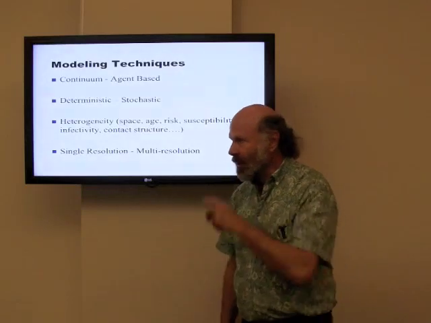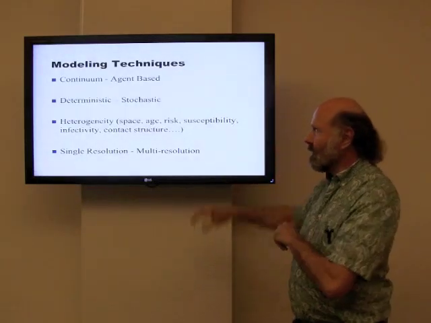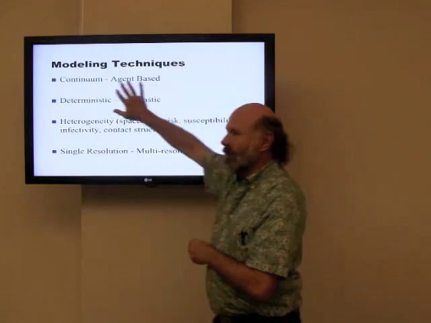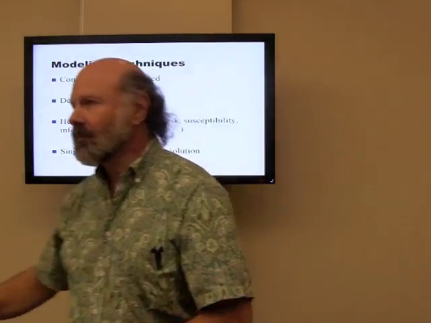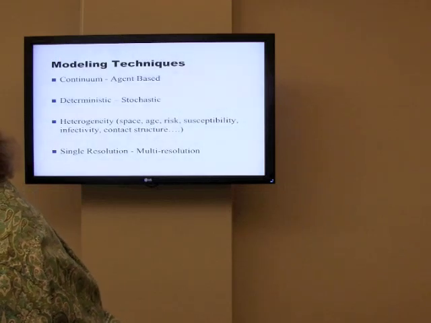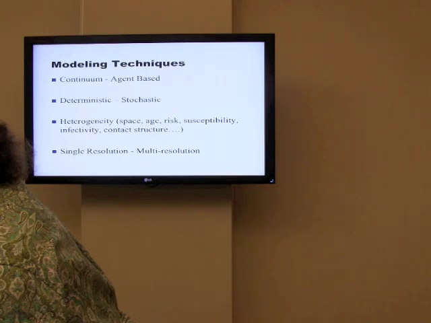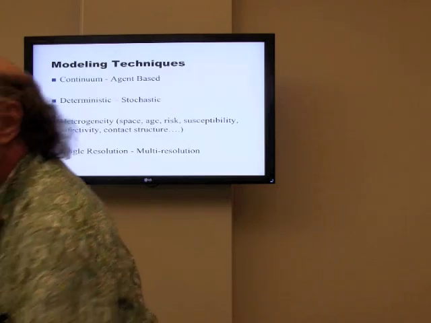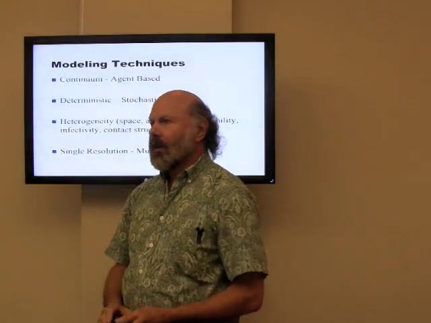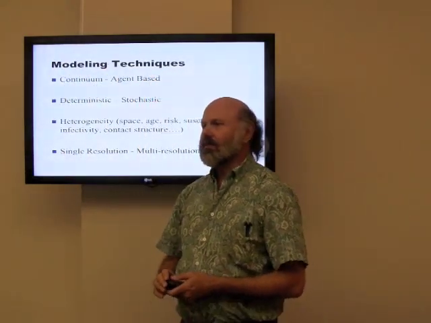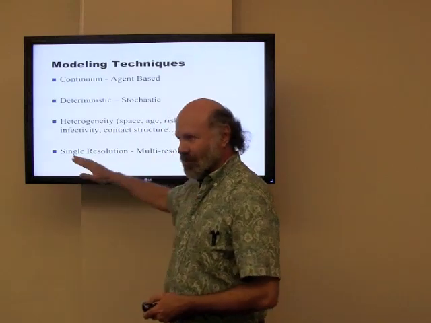Now, what I've been describing is all what we call continuum-based models. Question: these models are based on the folks who were traditionally the high risk, gay men. This has changed, and so now we have heterosexual models.